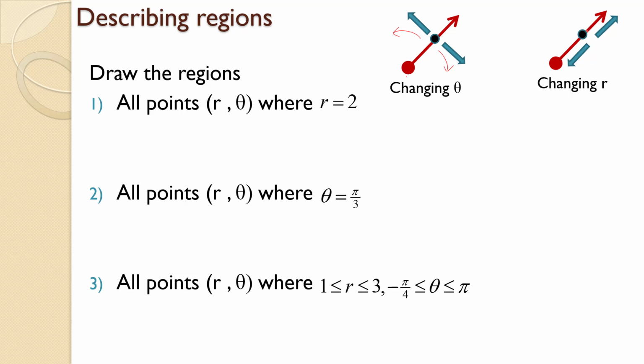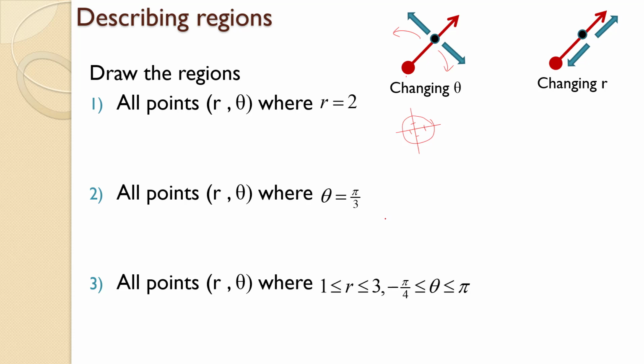But if you change the radius, then you go away from or towards the pole. Just remember that as you try to draw these things. So if r is always 2, that means that the angle can change. So the point, which is 2 units away, can freely rotate around the pole. Well, that means that it must be a circle, of radius 2.